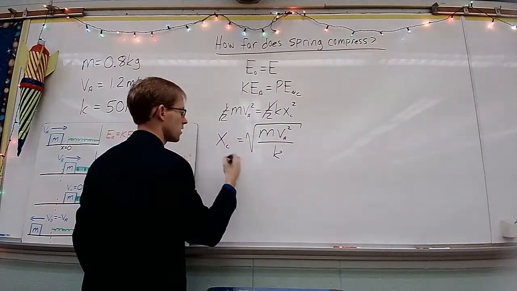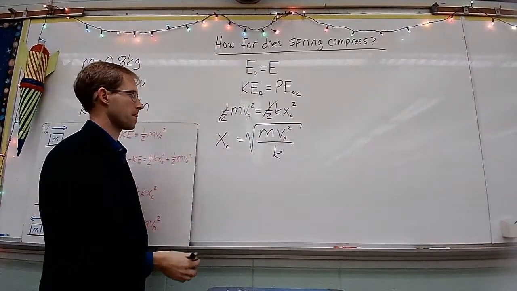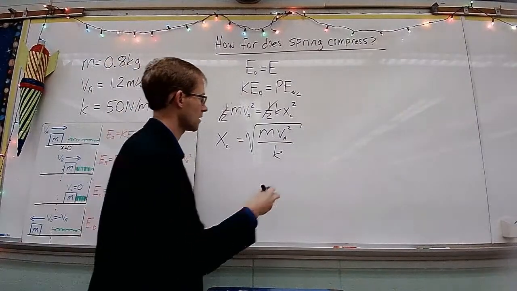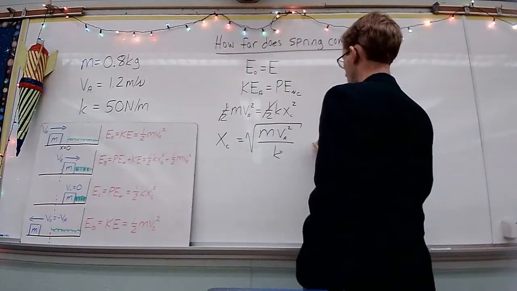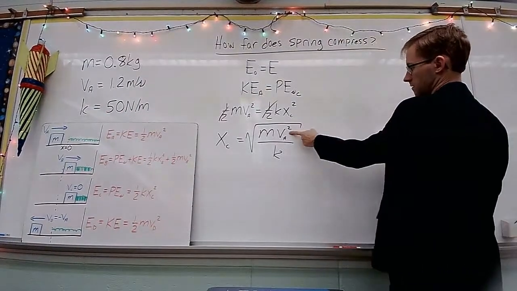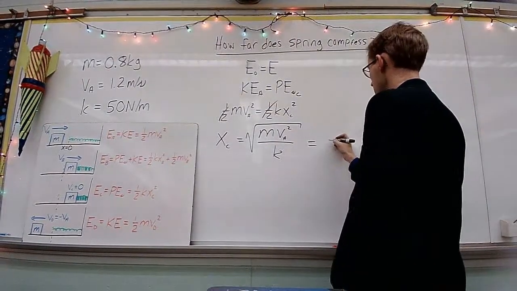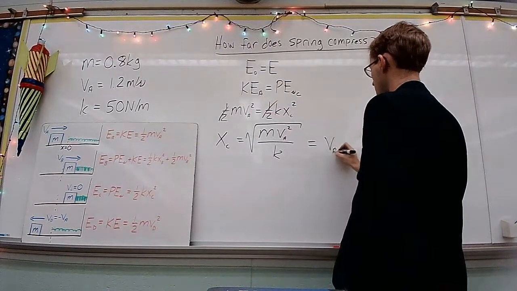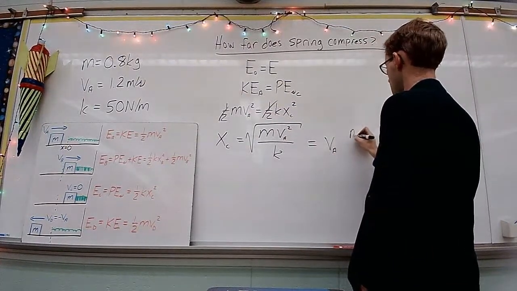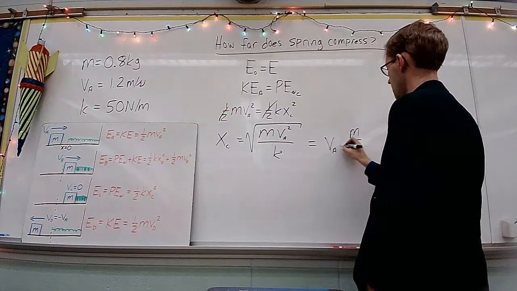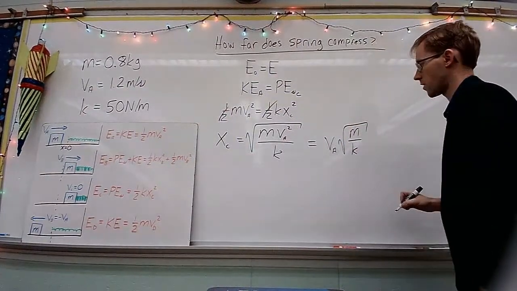So I can just plug those numbers in. Again, you can just toss them in. That's fine. If you're looking to be a little extra cute, this velocity is squared, so you could yank that out, and you'd have this expression. Whatever.